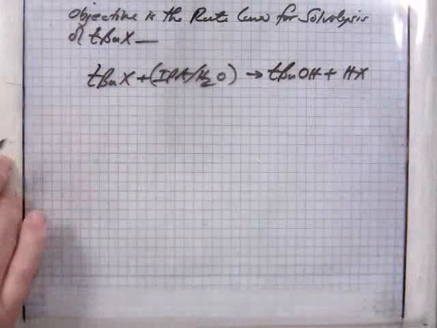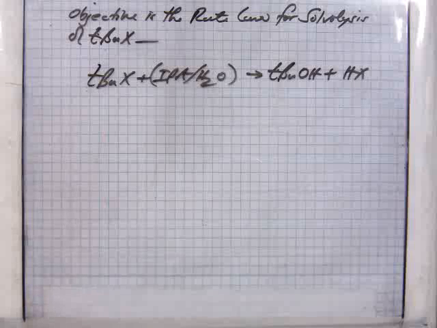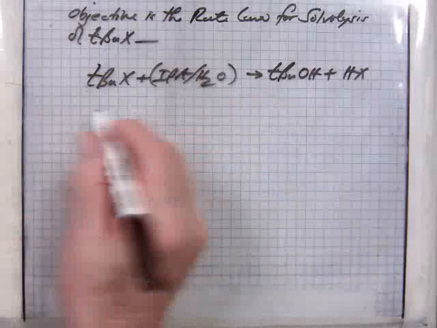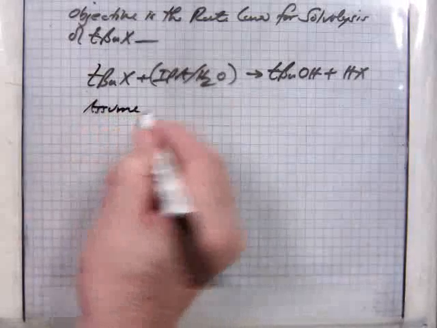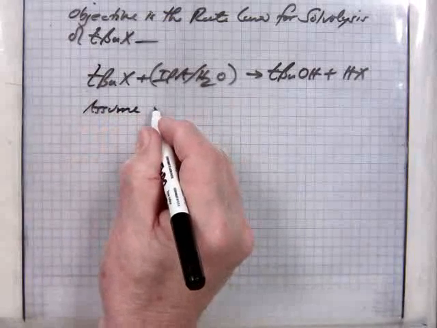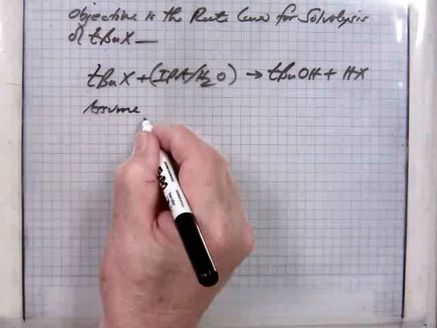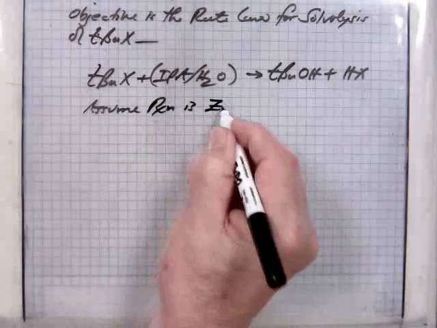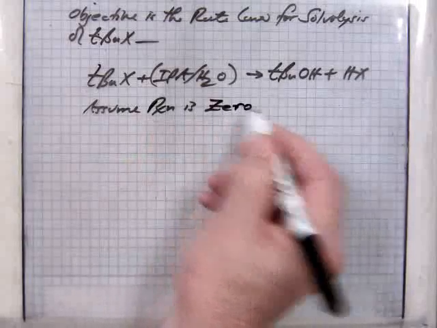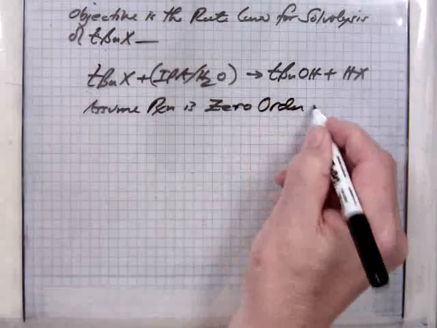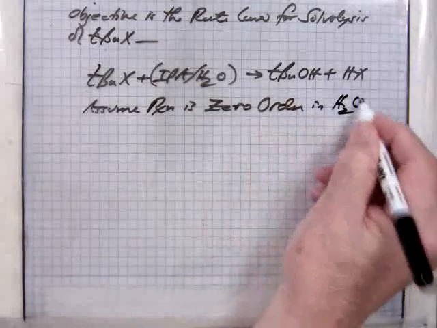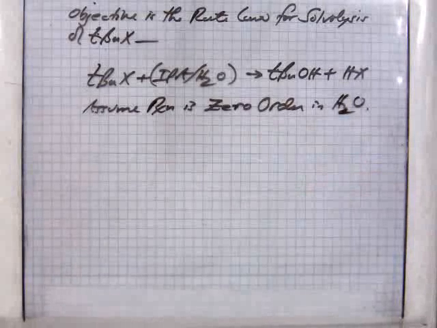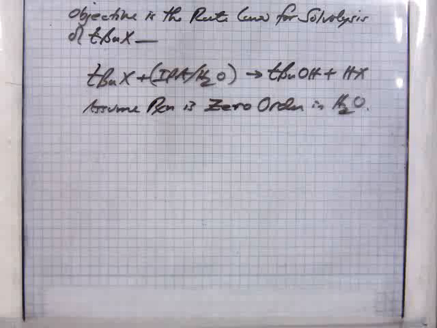Now, to save us all a lot of time, people in the past have done this: you assume the reaction is zero order in the H2O. That means that H2O, if you write the rate law expression, will fall out as 1. IPA doesn't enter the reaction at all.